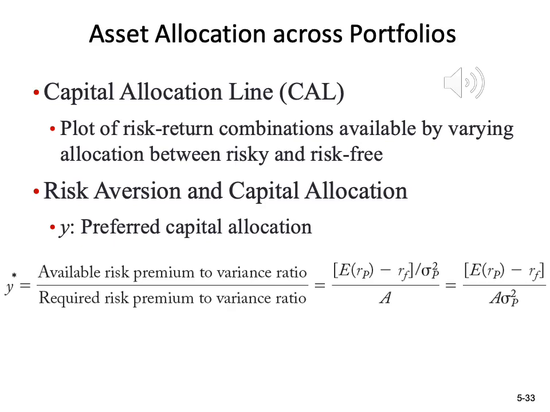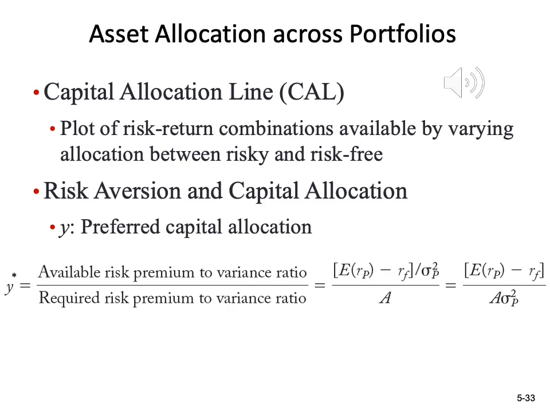Or what is the optimal y? Y star in this formula is the optimal y for each individual investor. The numerator has the risk premium of the risky portfolio. On the denominator, we have the risk aversion level A and the risky portfolio's variance.